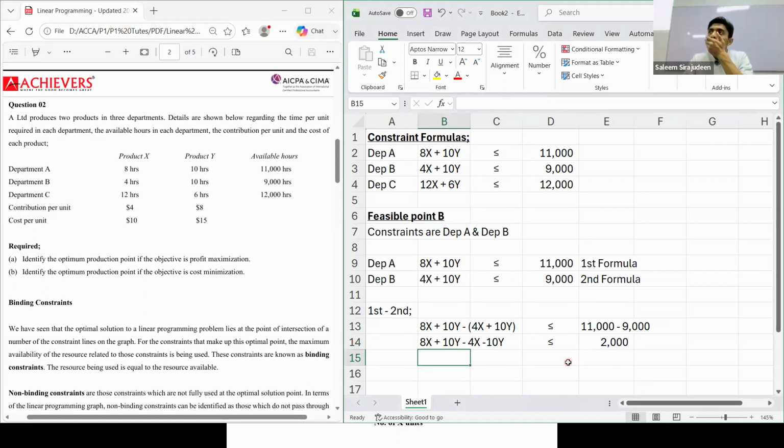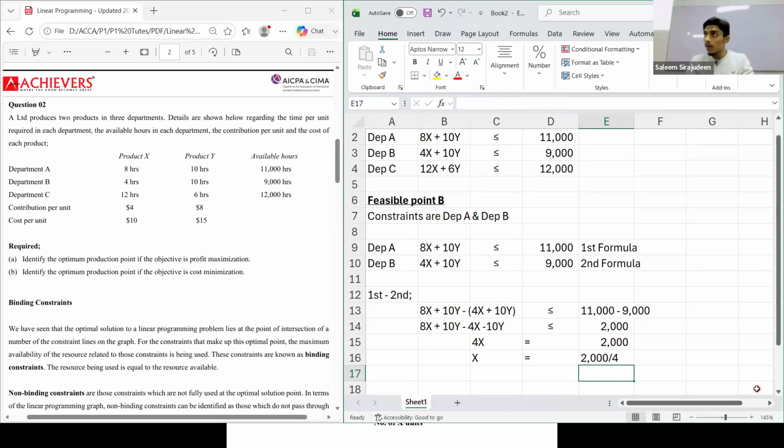Now what should we do? If you take plus 10y and minus 10y, it will be eliminated, which means 4x equal 2,000. Then x equal 2,000 divided by 4, right?